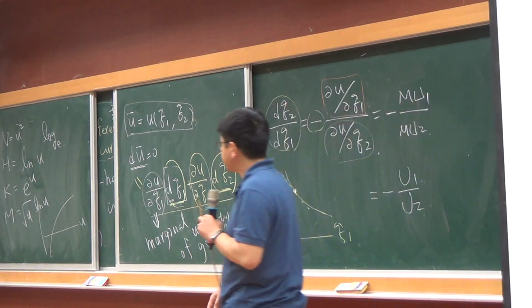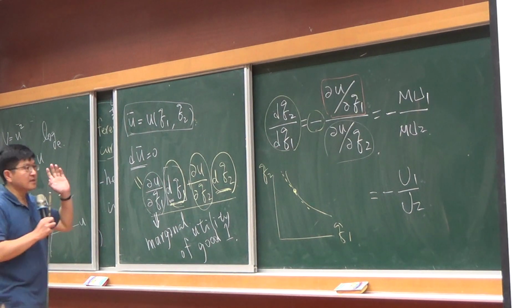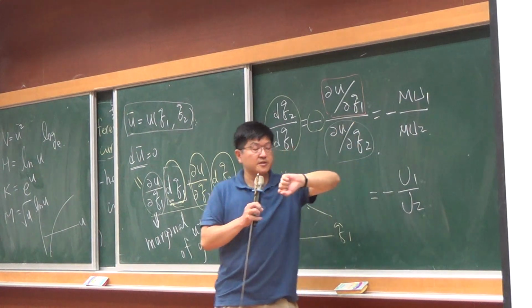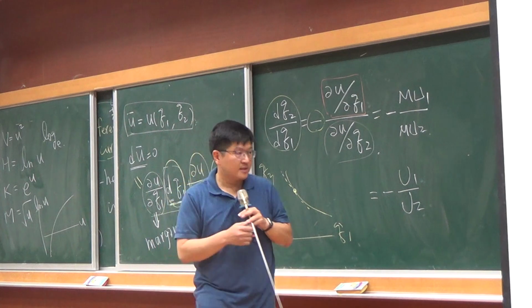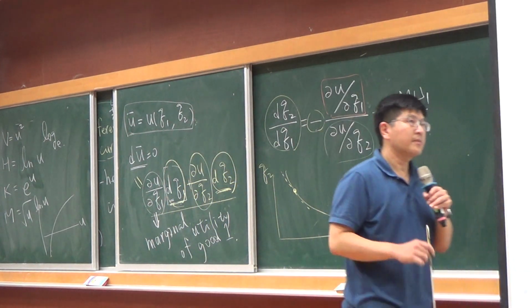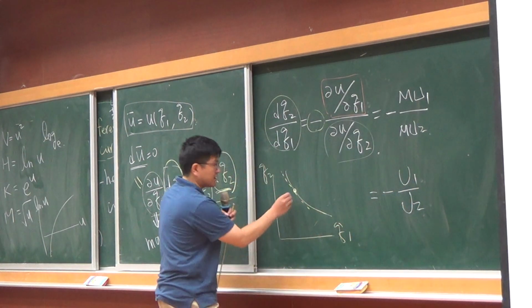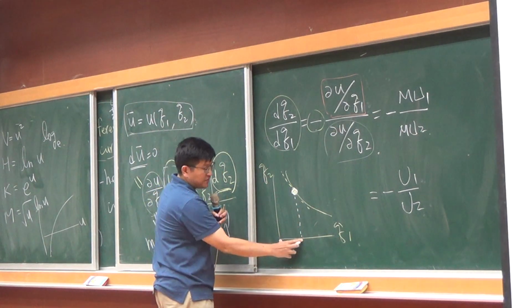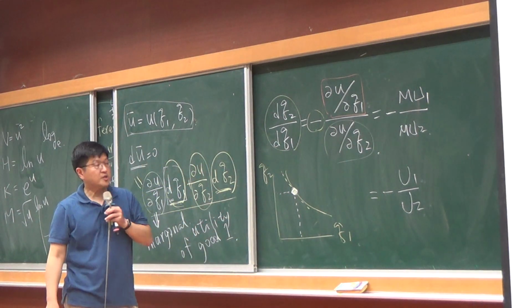Alright. Now think about this. What does it mean by the ratio of marginal utilities? Pizza, burritos. So I have a consumption bundle here. The specific level of pizza, specific level of burritos.